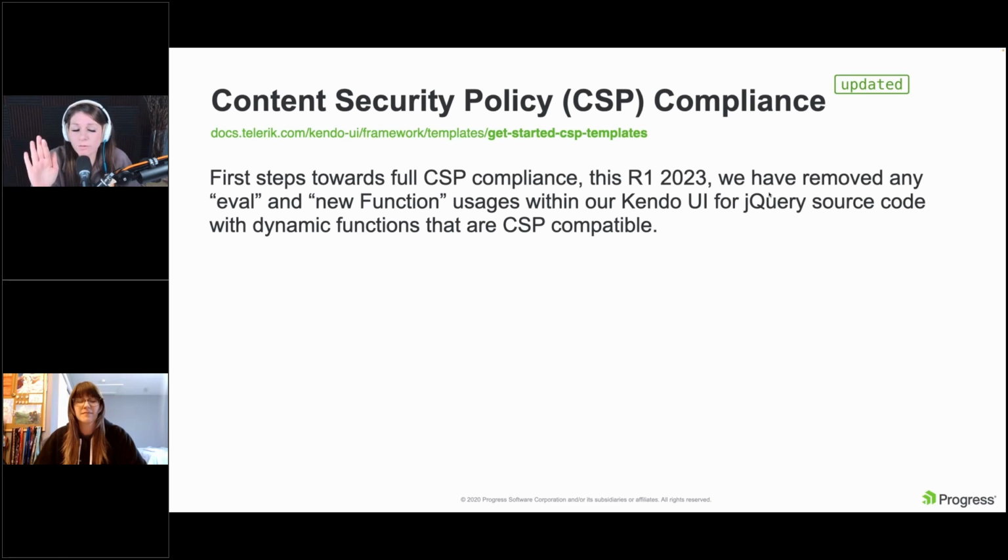You can see in the docs where it talks about framework templates and getting started with CSP templates. It's our first step towards that. I think Angular with their CSP updates is fully on board now with compliance, and I'm not sure how much more is needed, but we are on our way with jQuery.